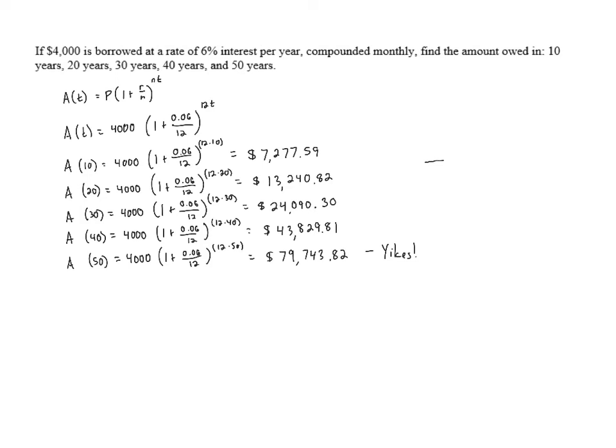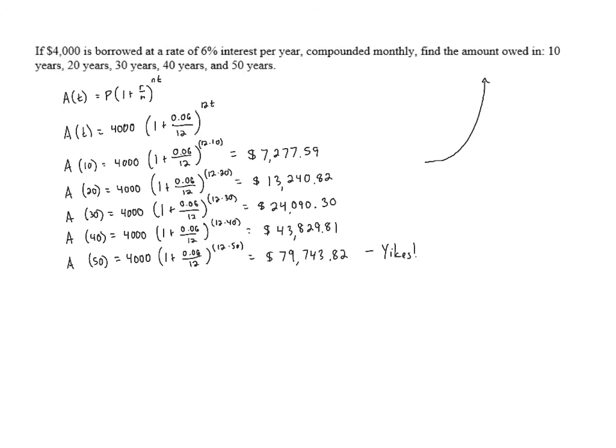We've seen the graphs of exponential functions, and we know that the more time passes, the steeper it gets, the faster it increases. So when we wait these first 10 years, we owe an extra $3,300. But if we wait 50 years, all of a sudden we're owing $75,000 extra. So this goes up, up, up, and we have to be extra careful.